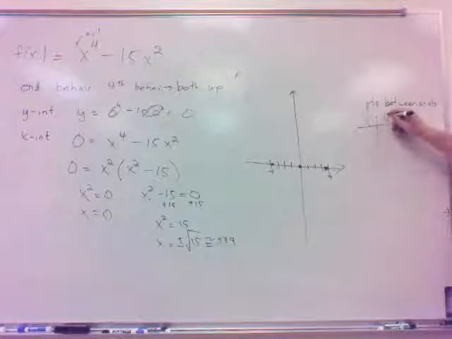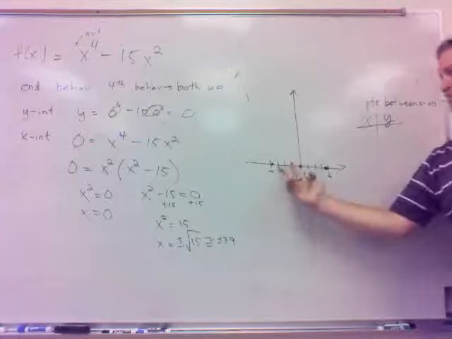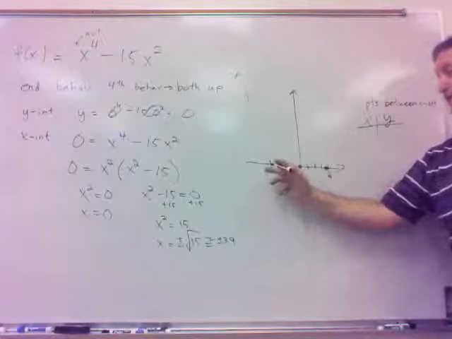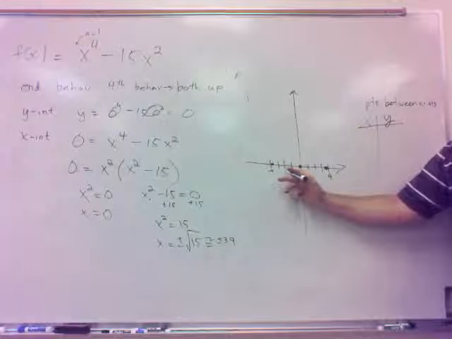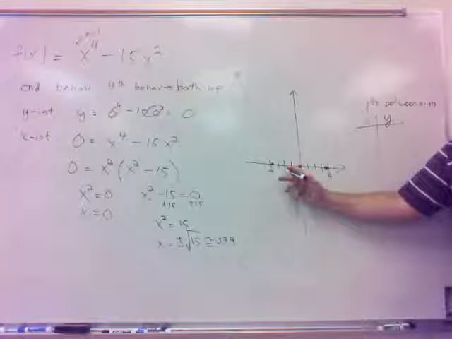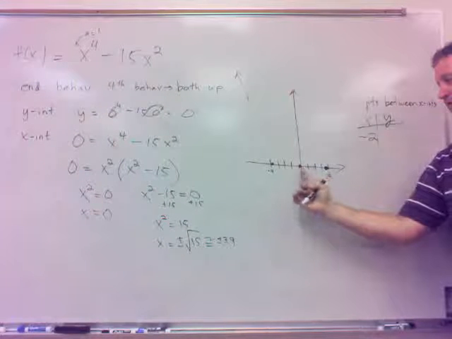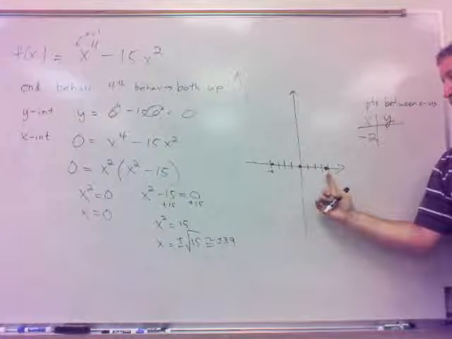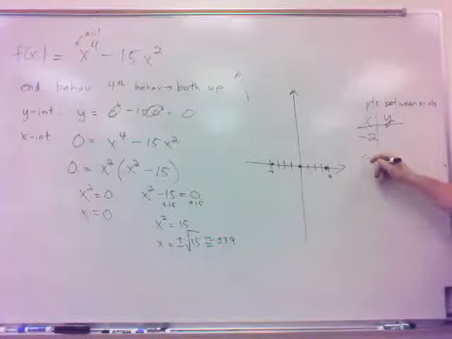Well, this one we have a little more of an option, and you can get more than one, but I'm just going to go with one between each x-intercept. Between this x-intercept and that x-intercept, let's shoot for the middle. So let's go with negative 2 here. With me? And then same thing over here between this x-intercept and that x-intercept. Let's go in the middle. Let's get 2 on this side. See where I'm getting those.